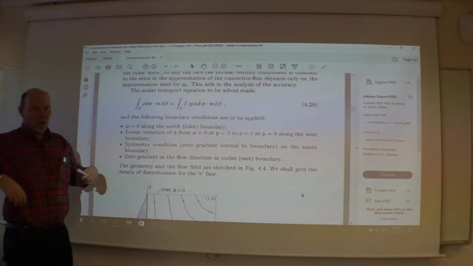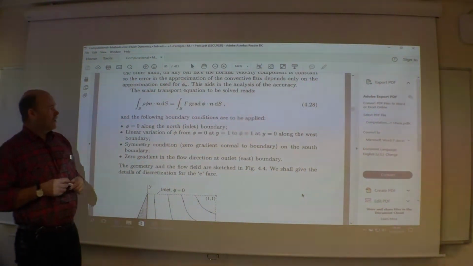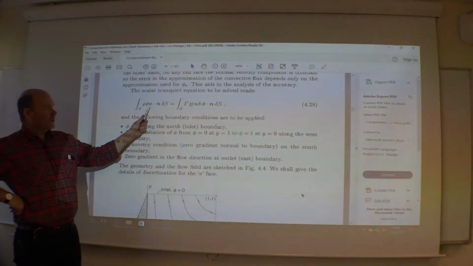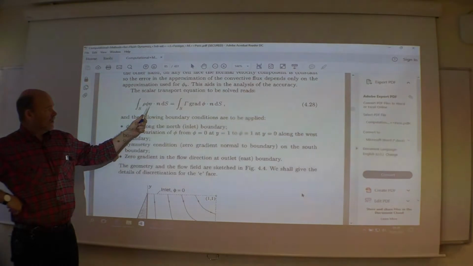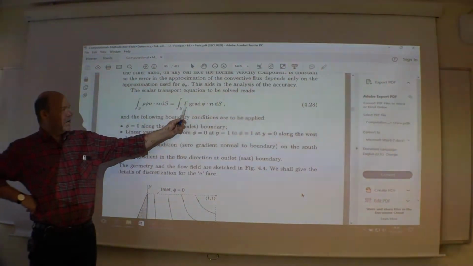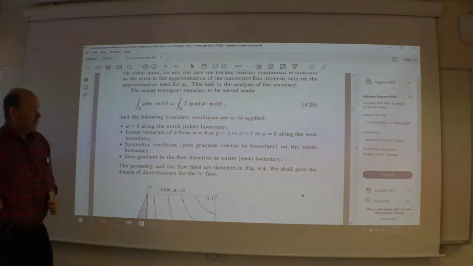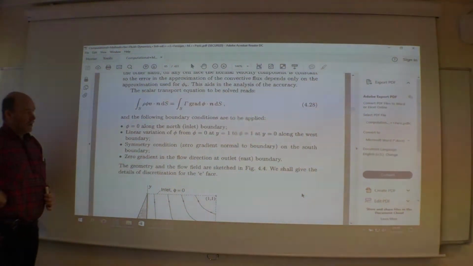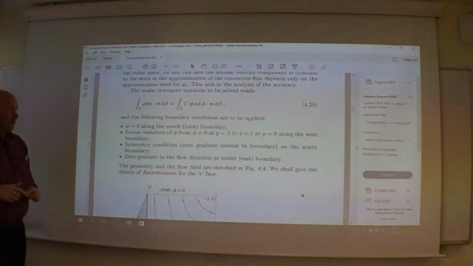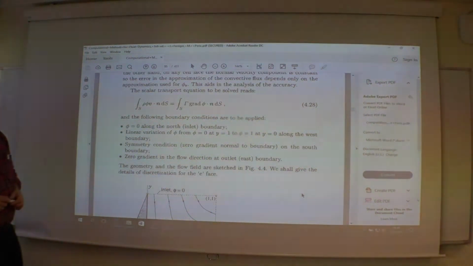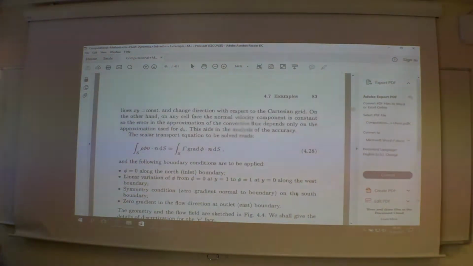So it's a transport of some material, following the flow with the velocity, and the velocity is given. We know the velocity field, density, the diffusion constant, large gamma, is a constant. And the velocity field should be stated here somewhere, isn't it?